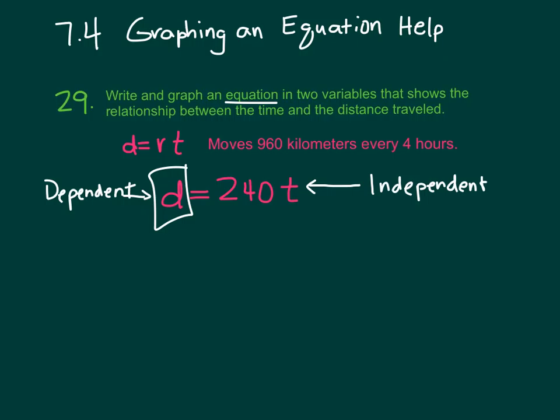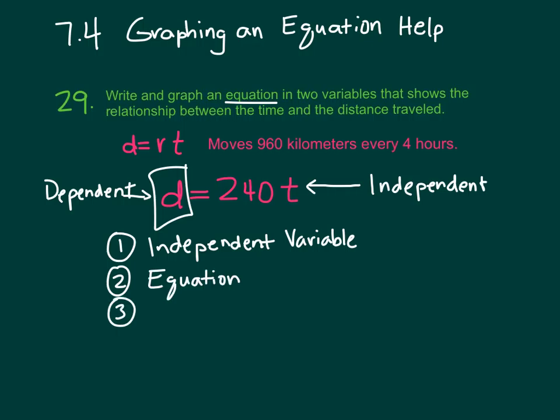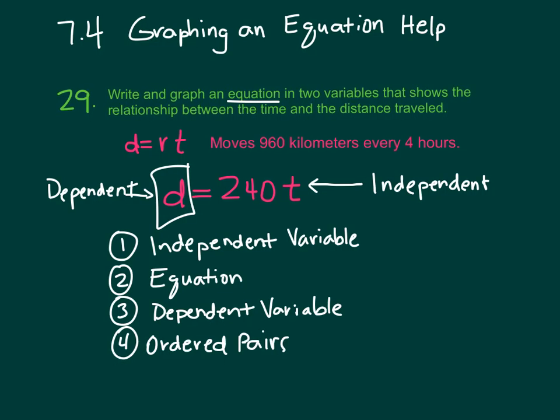Now I have to graph my two variable equation, starting off with my table. The first thing I put in my first column is my independent variable. Then I put my equation. My third column will be my dependent variable. And my fourth column will be my ordered pairs. So now I have to figure out which is which, and where all those things fit from my equation. We said my independent variable is T, which is my time.